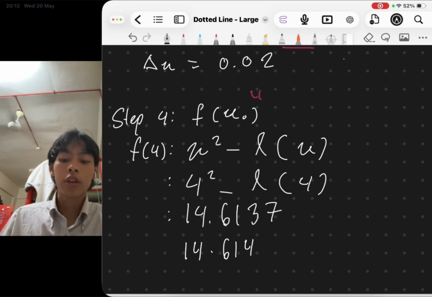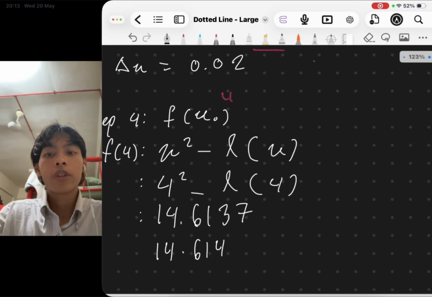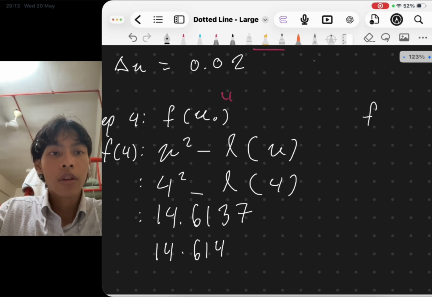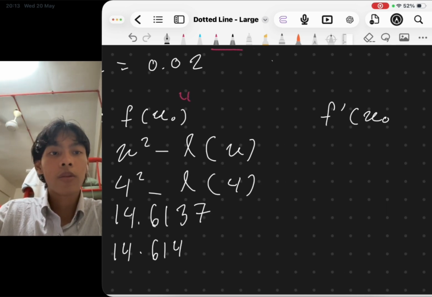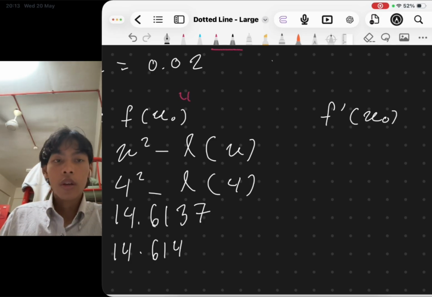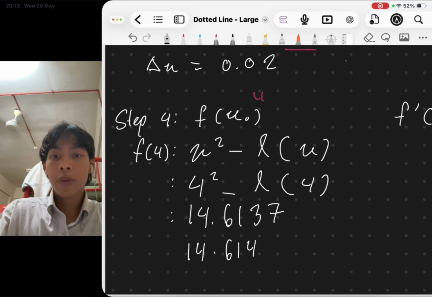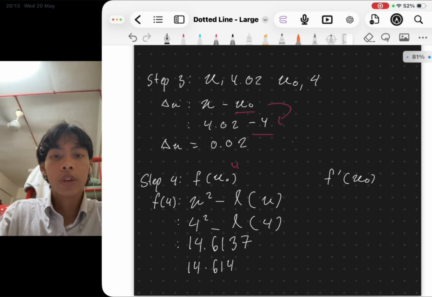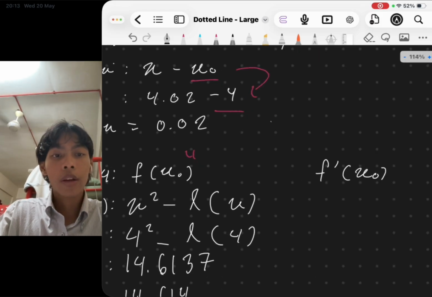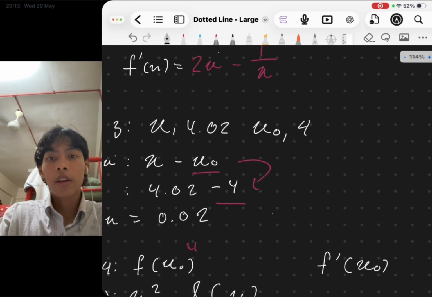Now the second one, which is f prime x0. Like the first part, we need to put the formula back in. What is the formula for the new f?